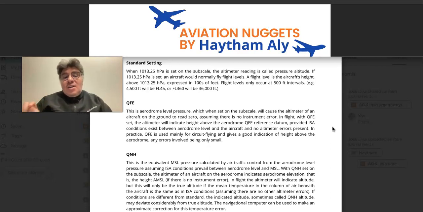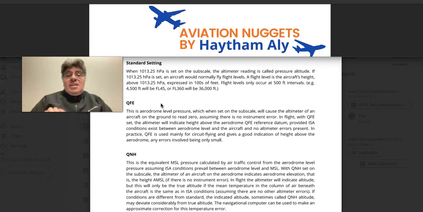Why, Haitham, are you not telling us it shows altitude? Yes, this is a good question. The altimeter may show altitude only if the pressure setting is QNH. But if the altimeter pressure setting is QFE, the altimeter will show us height.